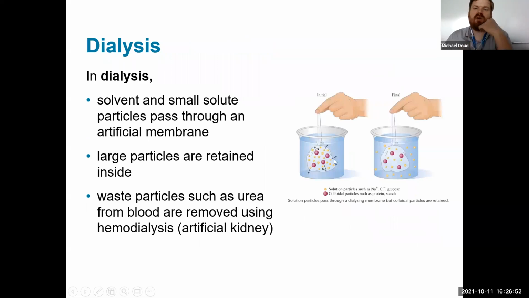This is where you can take what should be purified by the kidneys, pass it into an artificial membrane. What happens is urea, from the blood, right? So you can use the blood and pass it through the dialysis machine, and that will remove the waste particles like urea using osmotic pressure, basically.